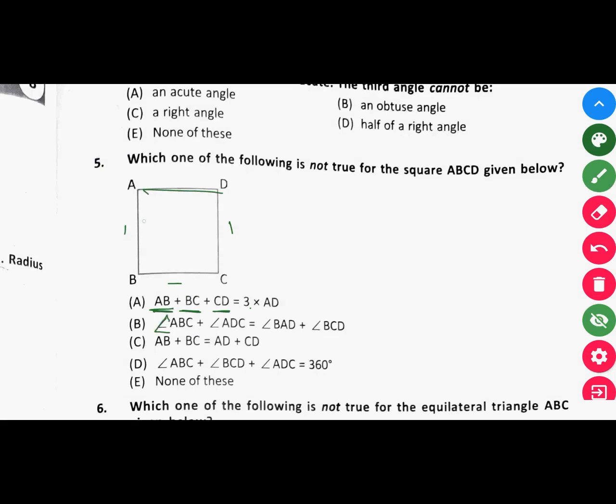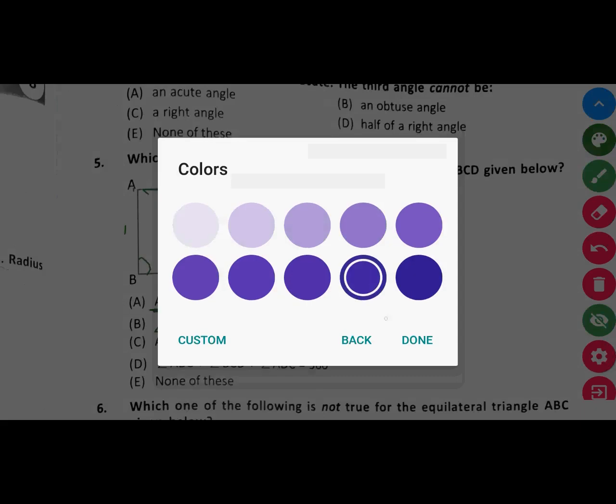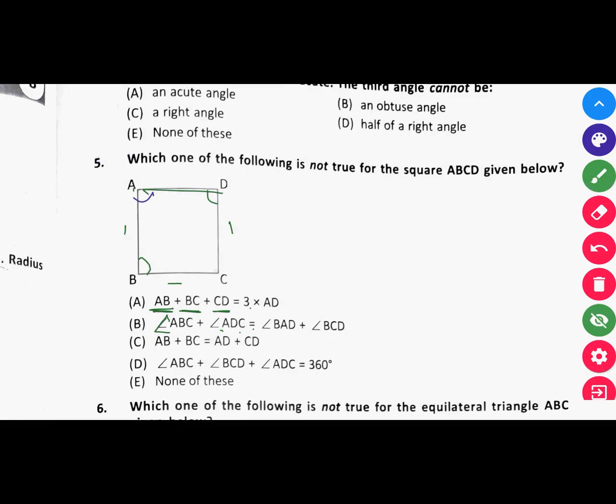Angle ABC, angle ADC is equal to angle BAD plus angle BCD. Yes, it is possible because 90 plus 90 is equal to 90 plus 90. So this condition is also possible. AB plus BC is equal to AD plus CD. Yes, it is also possible.